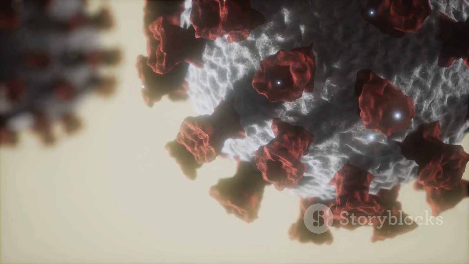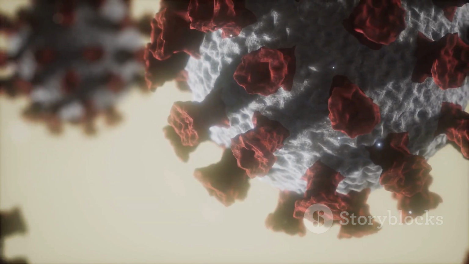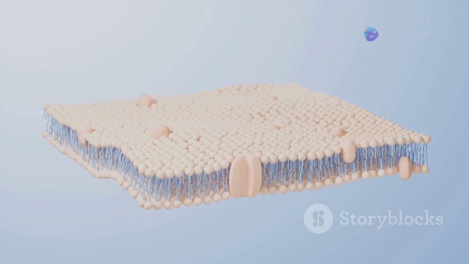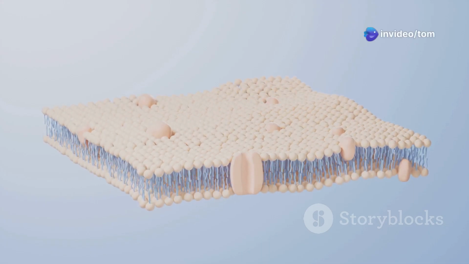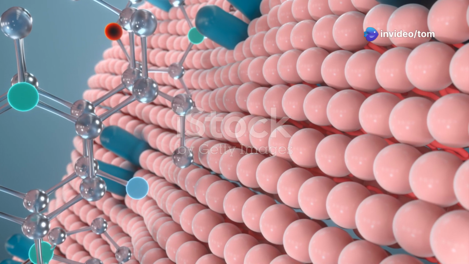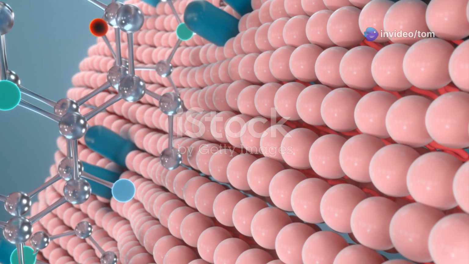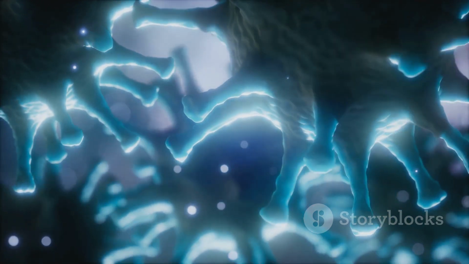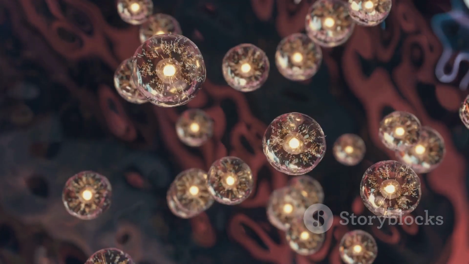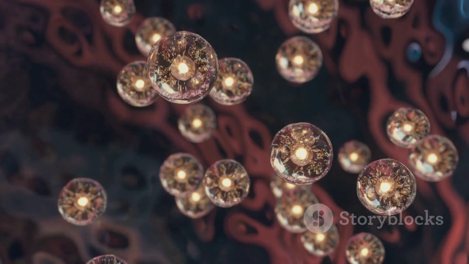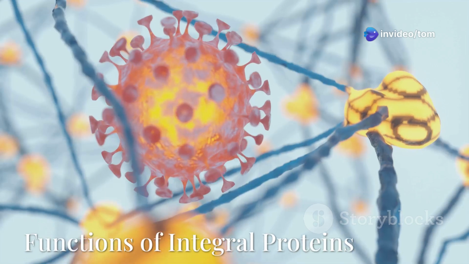As their name implies, peripheral proteins are not as firmly embedded in the membrane. They associate more loosely with the polar heads of membrane lipids or with integral proteins at the inner or outer surface of the membrane. Many membrane proteins are glycoproteins, proteins with carbohydrate groups attached to the ends that protrude into the extracellular fluid.